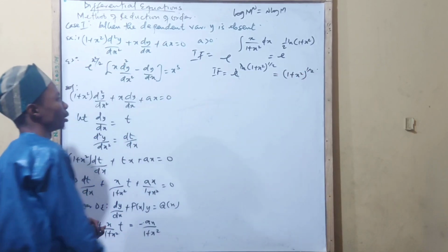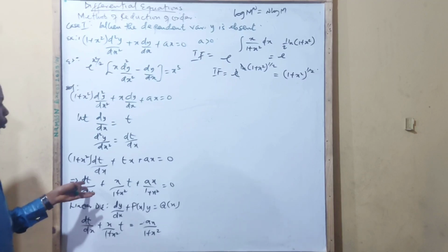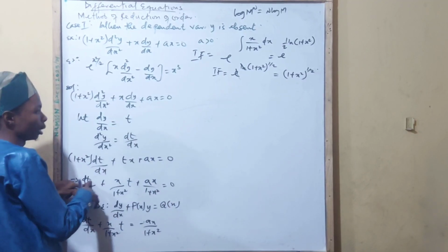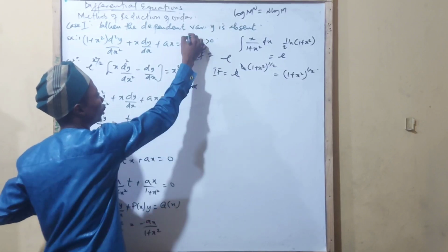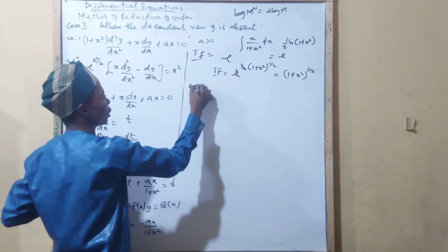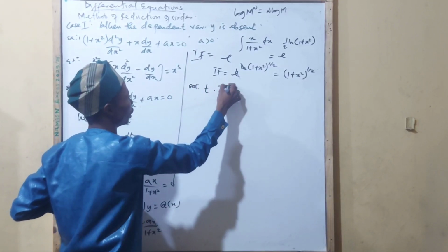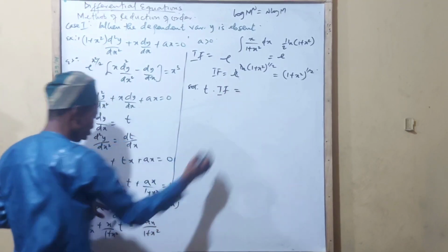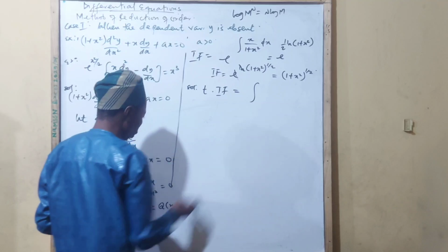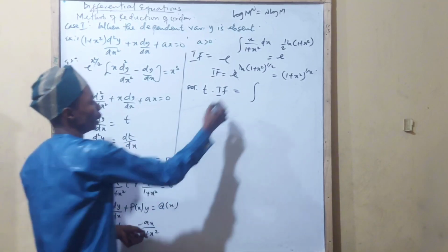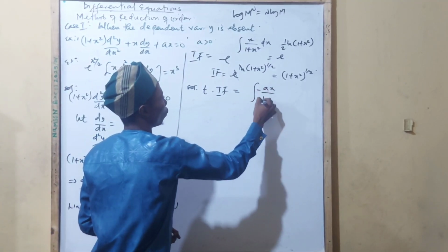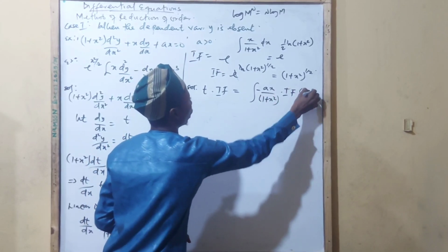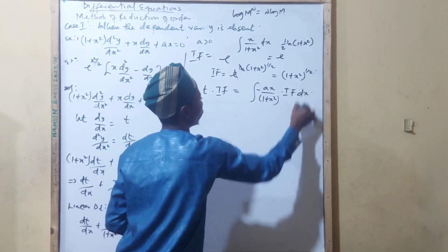So if that is our integrating factor, what will now be the solution of this differential equation? The solution will be t multiplied by the integrating factor, this side multiplied by the integrating factor, equals the integral of the other side here, the integral of minus ax over 1 plus x squared, multiplied by the integrating factor, and we integrate with respect to x.